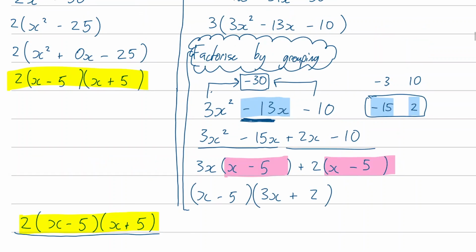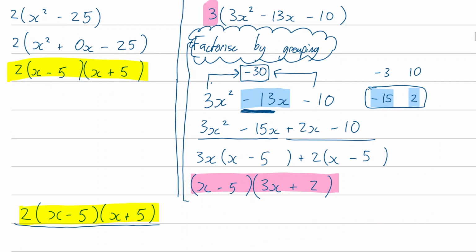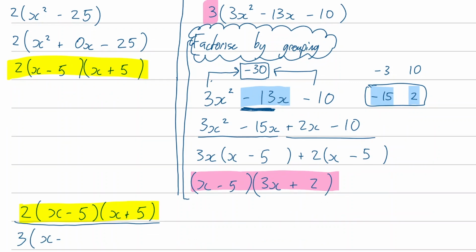Now, let's be careful here. Going back up to the start of our working, we pulled out that factor of 3 first. So our denominator is actually 3 times this quadratic here. Right, so 3 times x minus 5 times 3x plus 2.